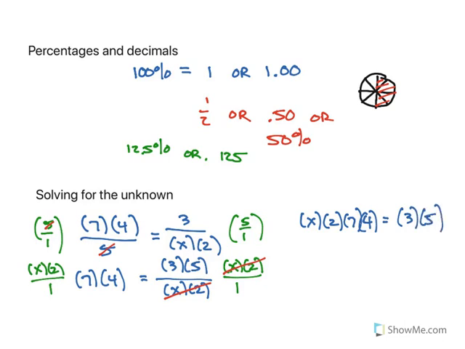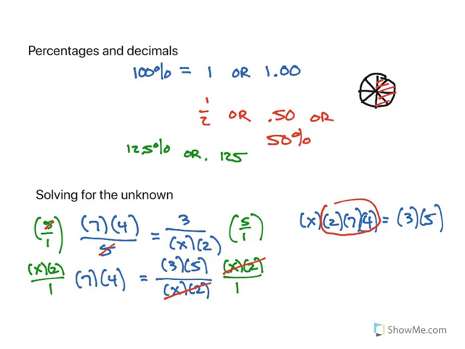Now, finally, to get x by itself, I'm going to divide both sides of the equation by 2 times 7 times 4.